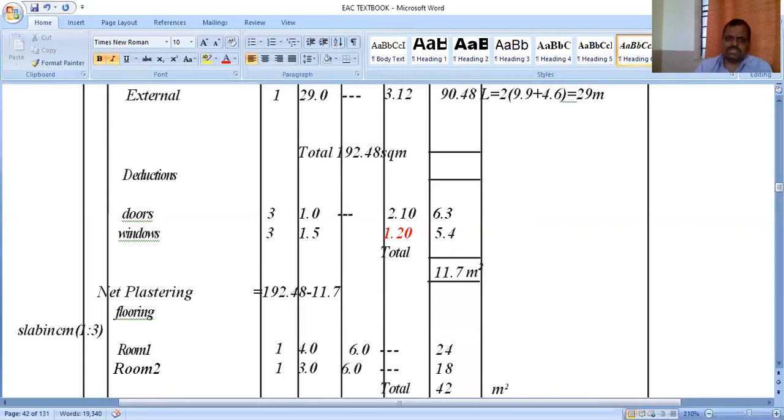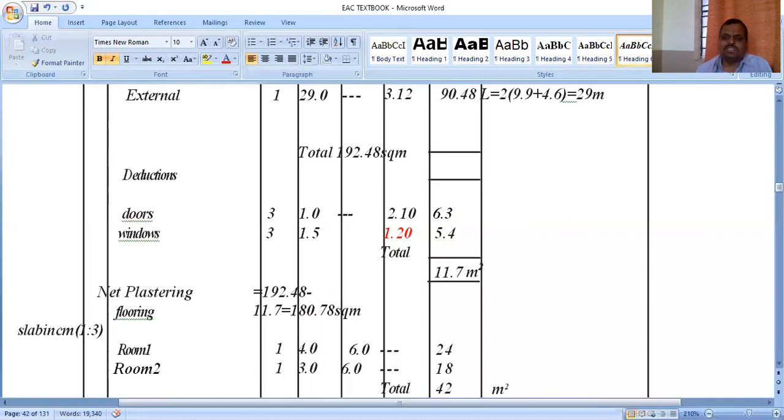I will calculate it in front of you so that it is easily understood. 192.48 minus 11.7 square meter is 180.78 square meter.